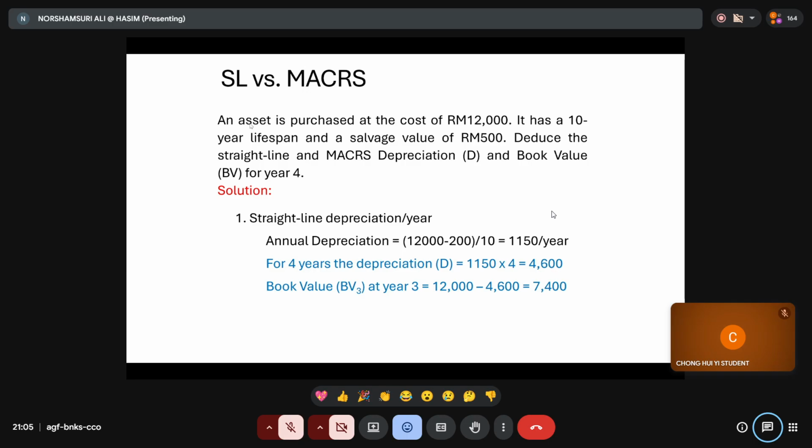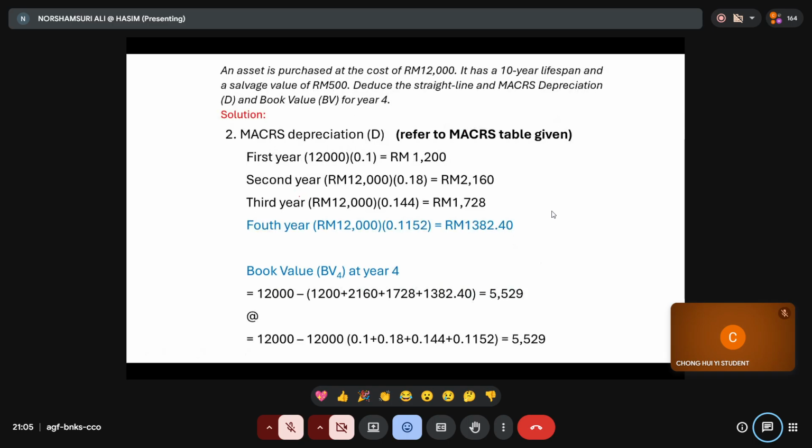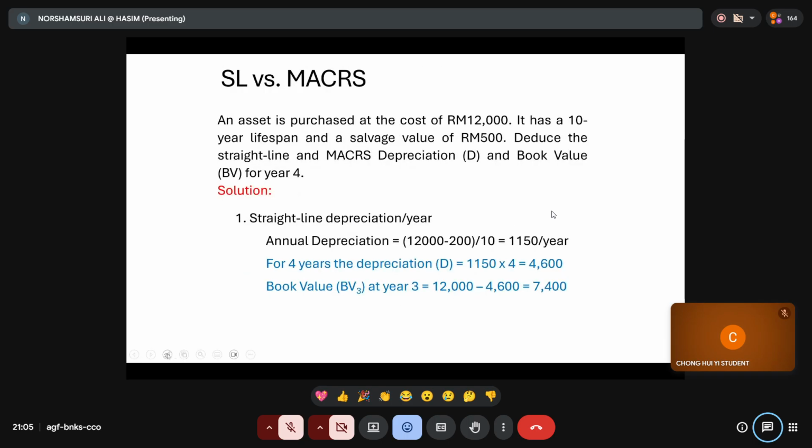So for example, I take the same example that we have almost seen, but with differences. An asset is purchased at a cost of 12,000. So the cost of the asset is 12,000, and it has a 10 year lifespan.